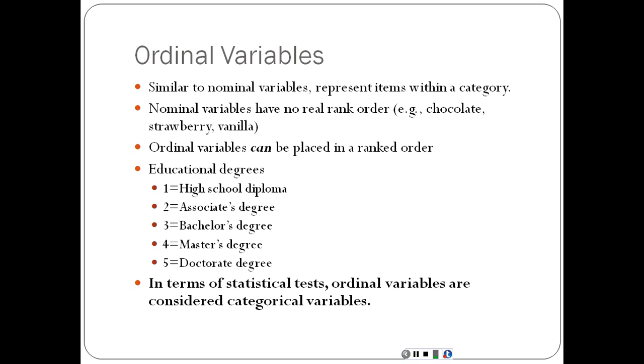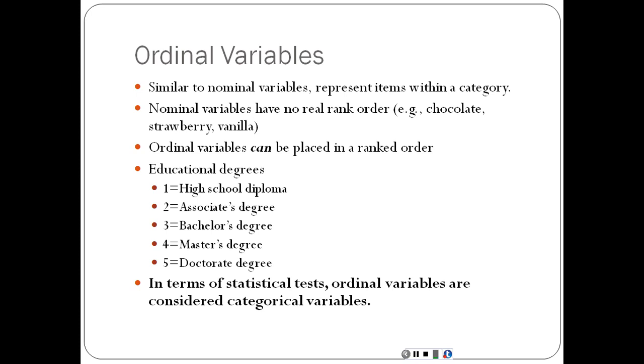Other examples of ordinal variables could be military rank, or meals: 1 for breakfast, 2 brunch, 3 lunch, 4 dinner, 5 late night snack. But again, I want you to remember, in terms of statistical tests, ordinal variables are considered categorical variables.